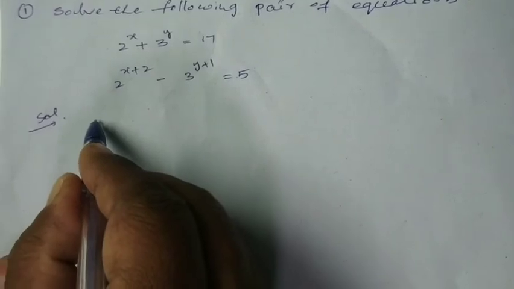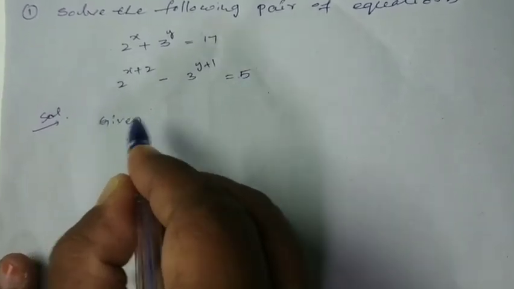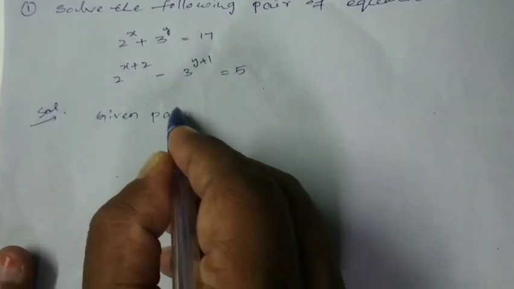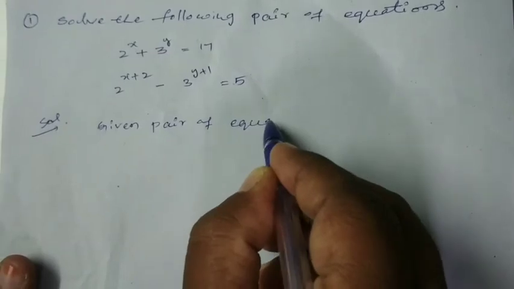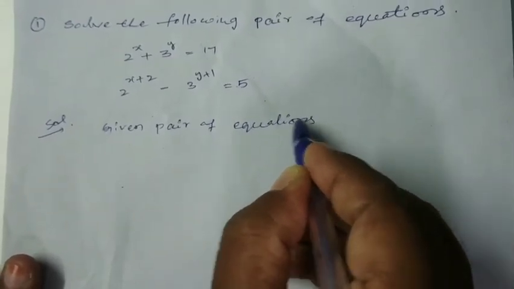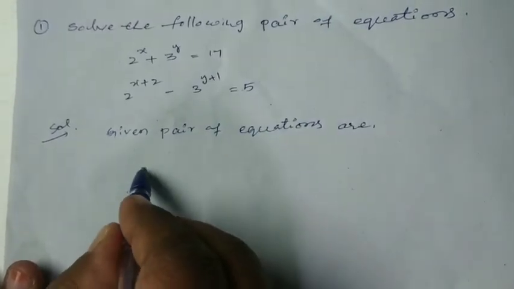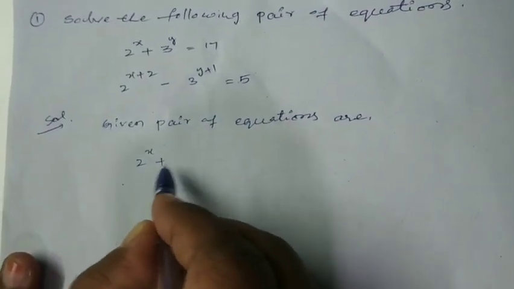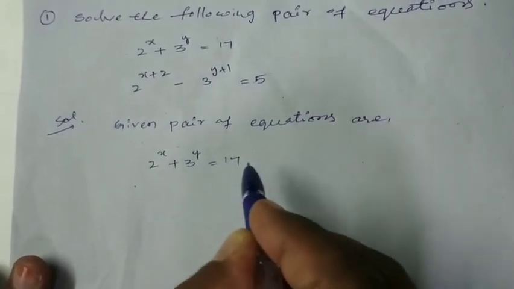The given pair of equations are 2 power x plus 3 power y is equals to 17.